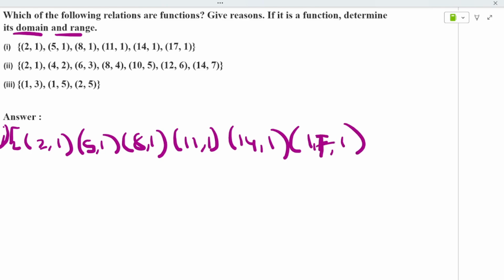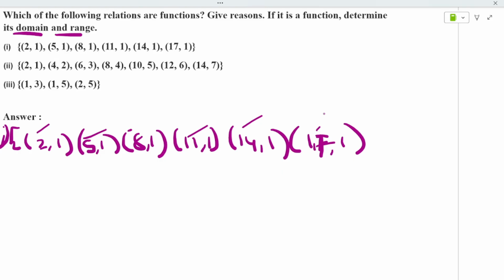Now we should determine whether it is a function or not. See, 2, 5, 8, 11, 14, and 17 are all elements of the domain of the given relation.